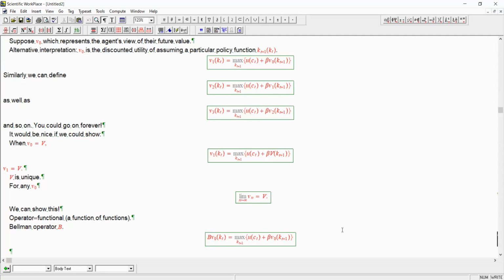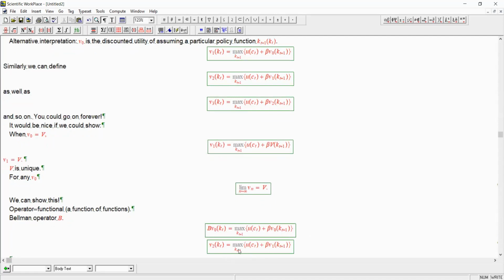So this means we have applied the Bellman operator once to V0, and we got this, B of V0, which is V1.